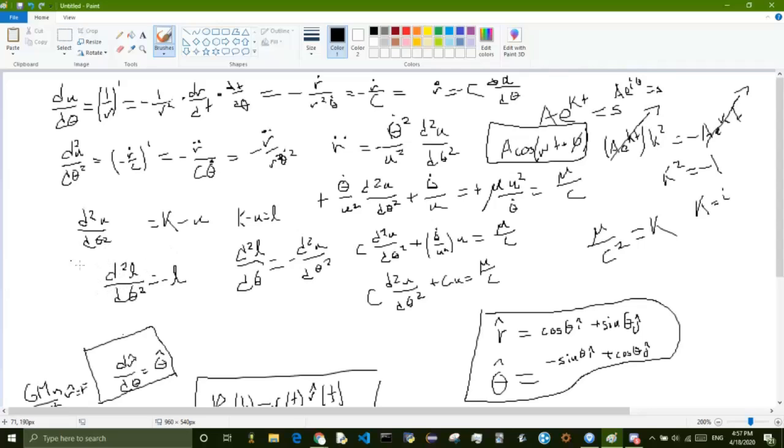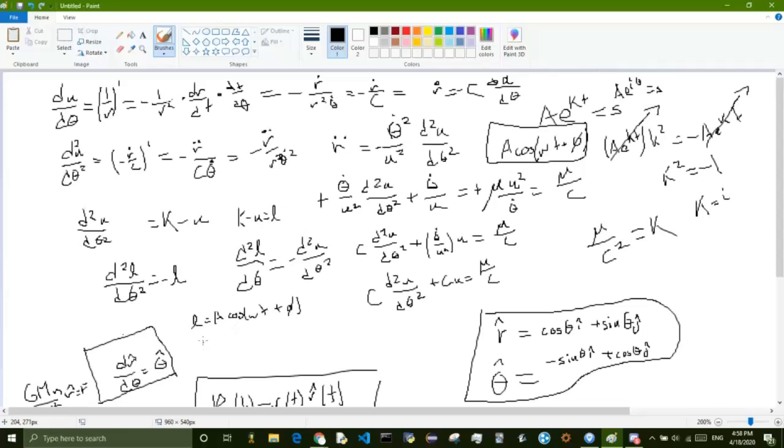So we've solved for this. Now we know L is some a times cosine omega t plus the phase shift. Now we can simply go back. L we defined as k minus u, and k we defined as mu squared over c.